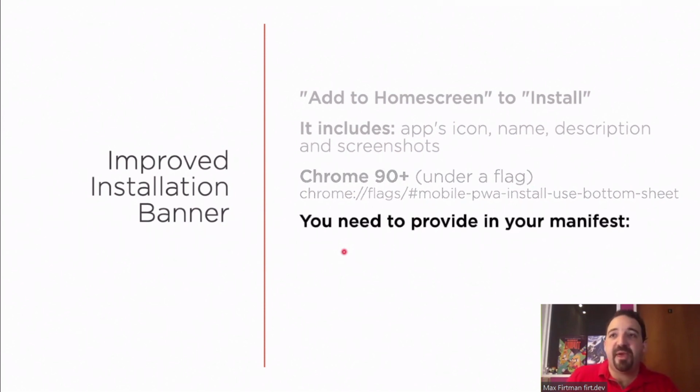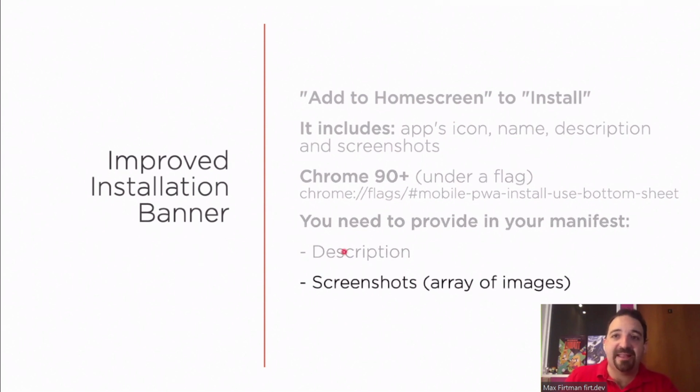You just need to provide in your manifest a description and an array of screenshots. So you need to go and do it now. Do this now. Add the description in your manifest. It's a text and an array of screenshots, because this will appear anytime, and it will improve the experience a lot, okay, when you are actually installing a PWA on Android, okay?